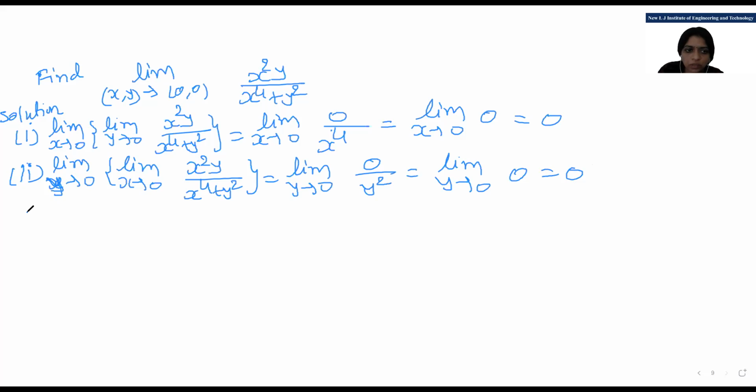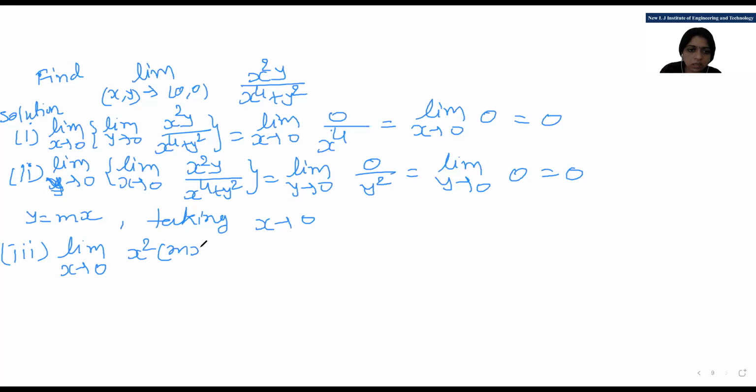So we have to go with a different path, that is y is equal to mx, taking x tends to 0, as our y is converted into the form of x. So third path: limit x tends to 0 only. Here x square, y is mx, upon x raised to 4 plus y square, so mx whole square.